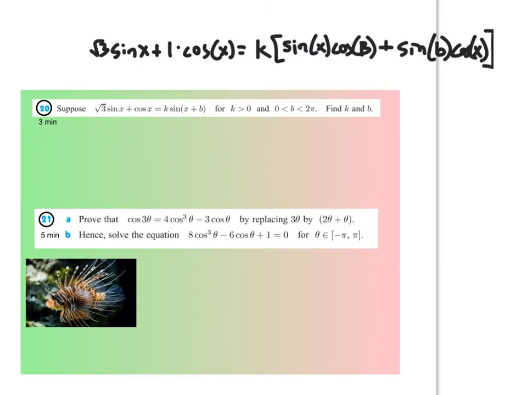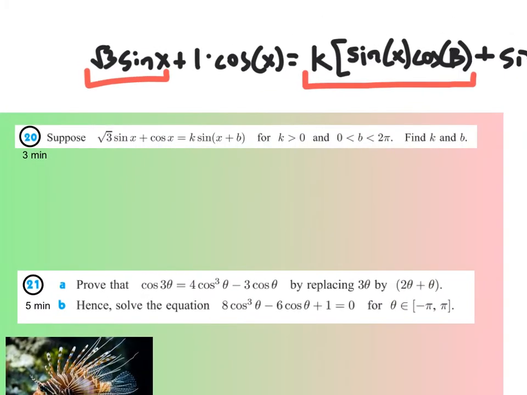Okay, let's identify a couple of things here. I see root 3 sine x here, so this would be k sine x cosine of b. If I set those equal, it'd be root 3 sine x is equal to k sine x cosine b.